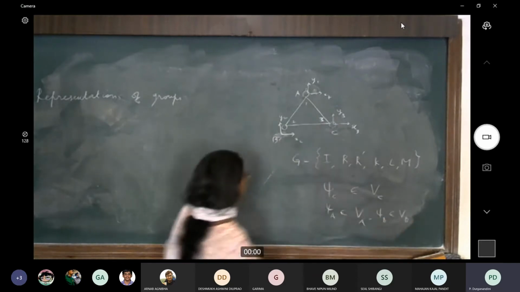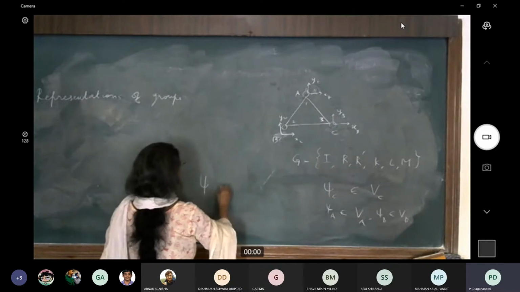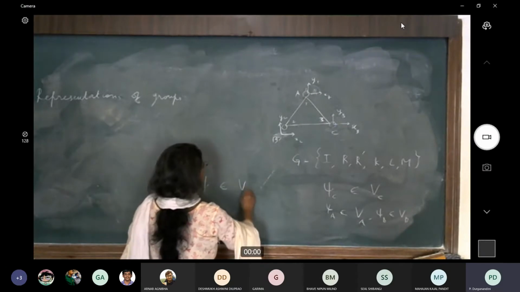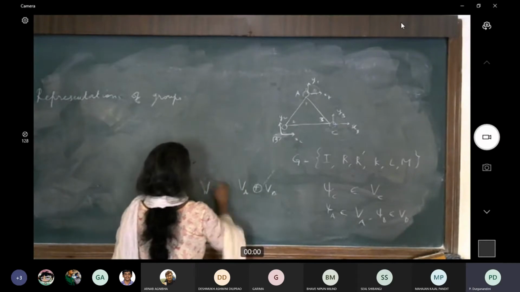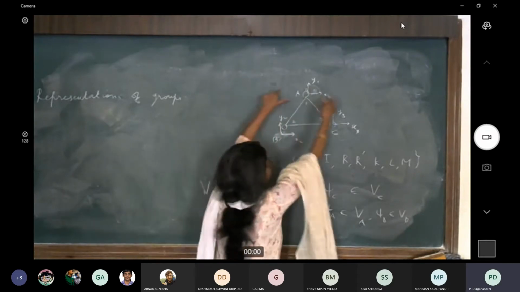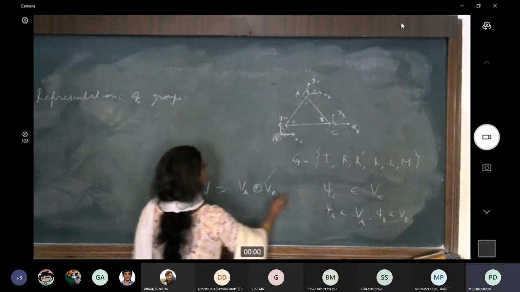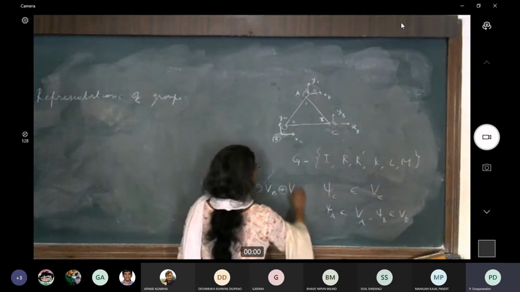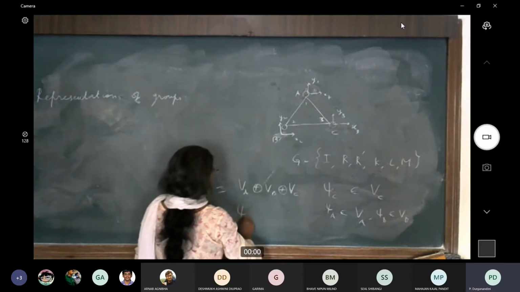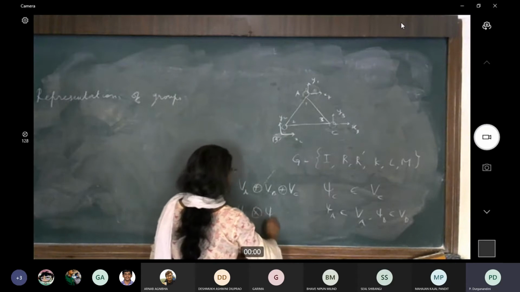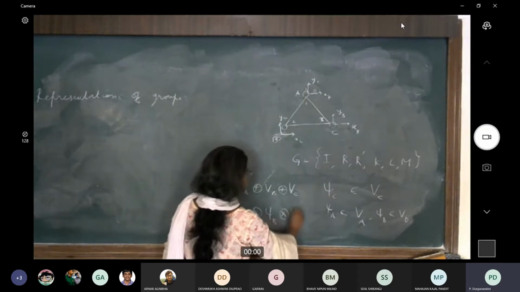So the combined system psi, I can write as belonging to the full vector space for this. So the vector space for this full system can be written like this, and my wave function psi can then be written as a tensor product of the wave functions of each of them.